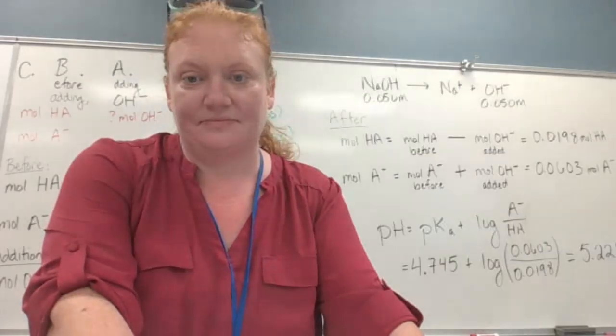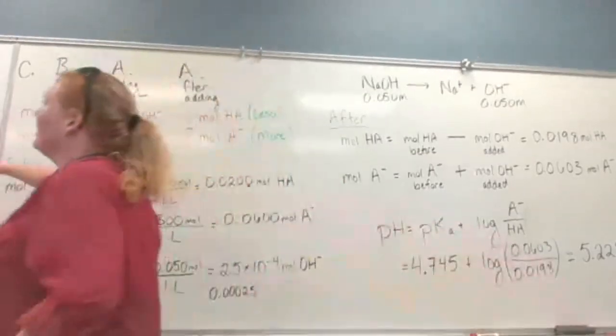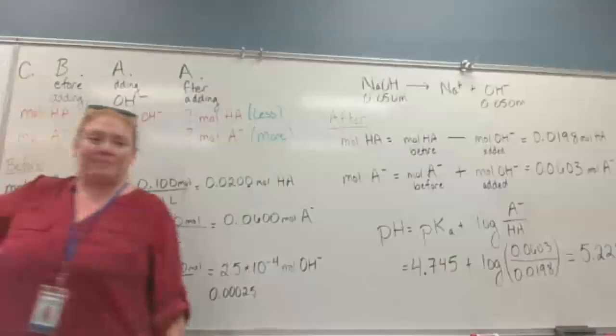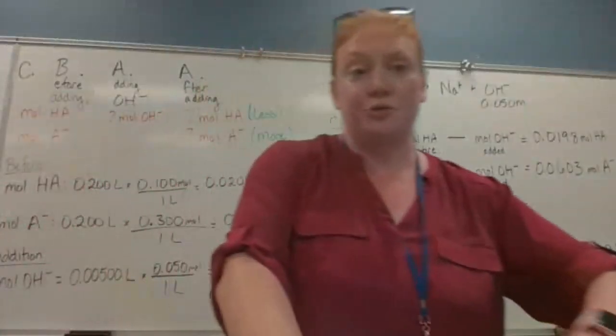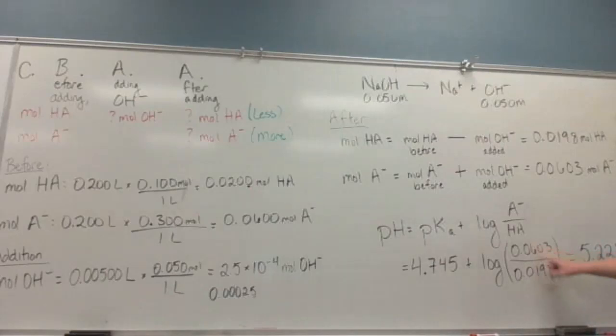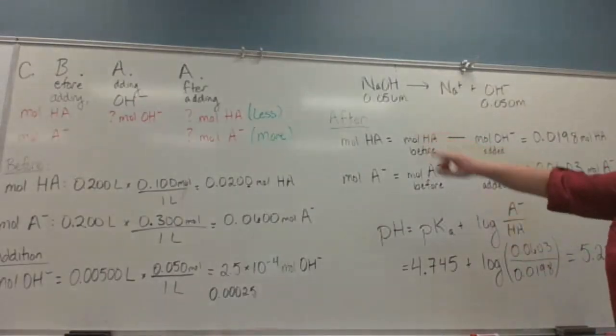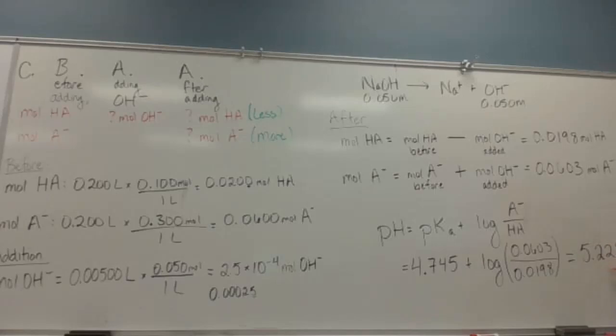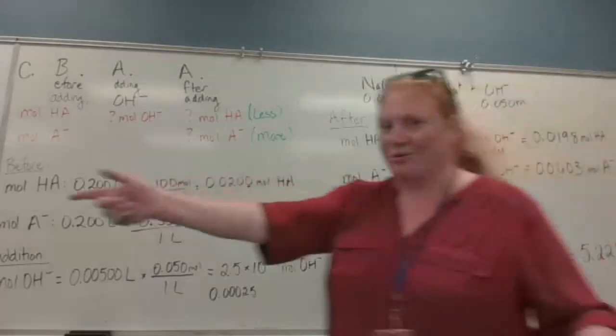Okay, so it goes up from the original. When I originally made my buffer, it had a pH of 5.222. When I add some hydroxide to it, the pH does go up, but does it go up very much? No, not at all. And we saw that earlier when I was testing, right?